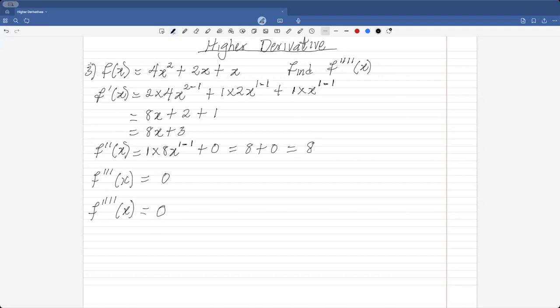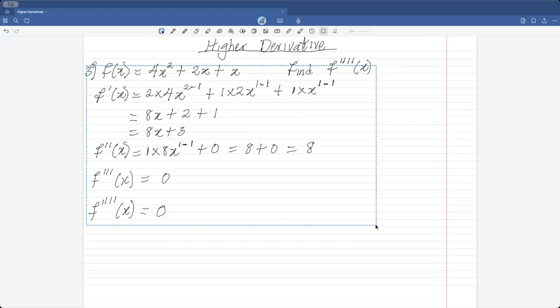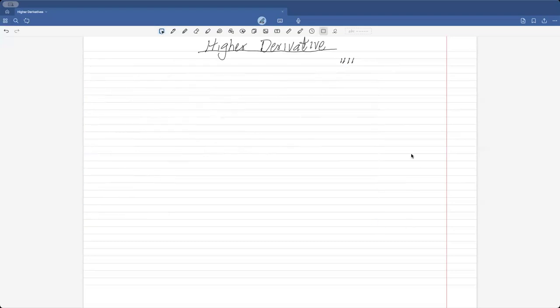So let us solve the last question. So let's say, for instance, we are given a question that says f(x) equals e to the x.